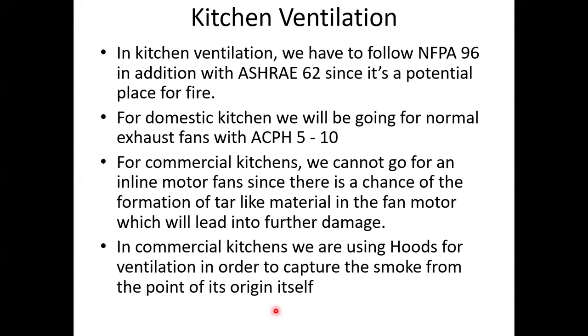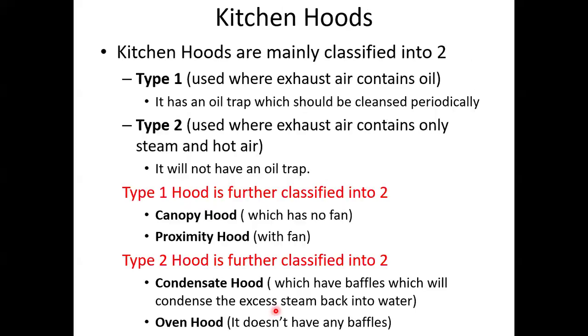Type 2 hoods are used especially where you will have hot steam and wet steam, like boiling areas, for example a rice boiling or cooking area. Then this type 1 hood is again classified into two: canopy hood and proximity hood.